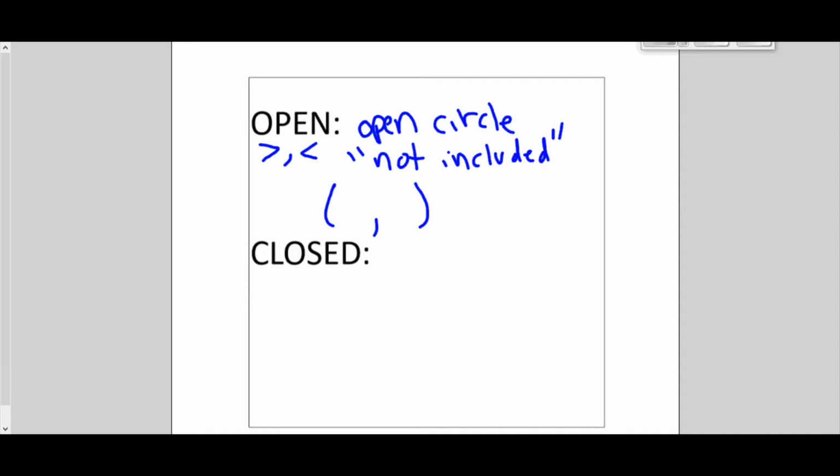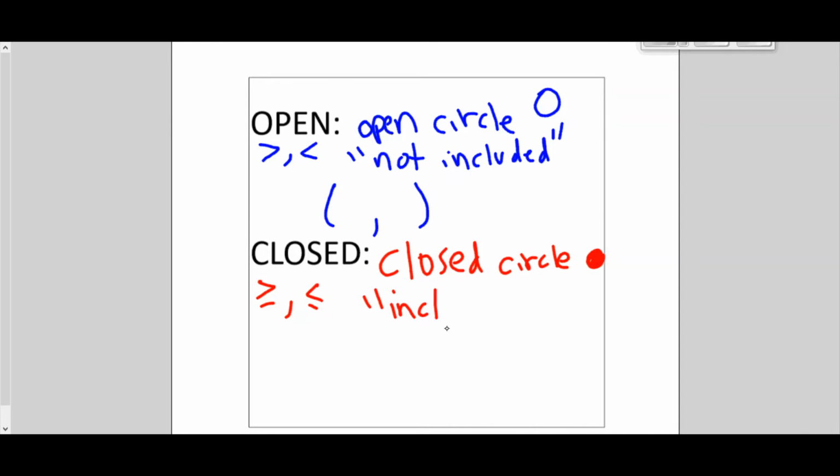Closed, remember, just like with inequalities, that was represented by a closed circle. Well, I guess I'll show you what those circles look like. So here's a closed circle. And then I'll show the open circle looks like that. So closed circle, and that's where you would have the equal to sign underneath the inequality. And remember, that meant that the value was included. And that's what we did when we did solving inequalities.